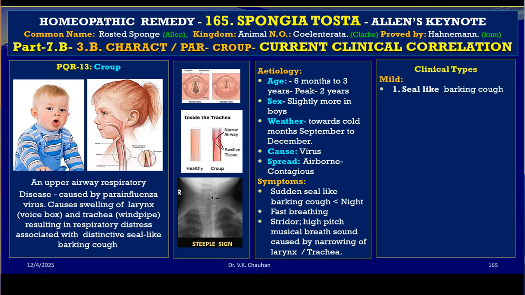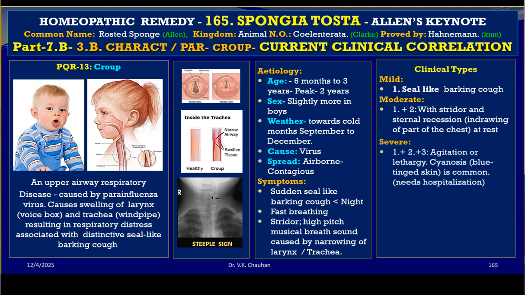So there can be the following clinical types. Number one is mild, where seal-like barking cough is there. If it is a slightly moderate presentation, you will find seal-like barking cough with stridor and sternal recession, in-drawing of the chest at rest while inspiring. And then we have severe, where we will have a third symptom, agitation or lethargy. Cyanosis is common, and this is a very serious state of affairs.